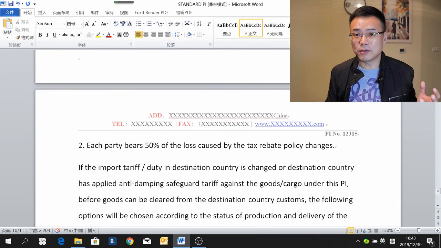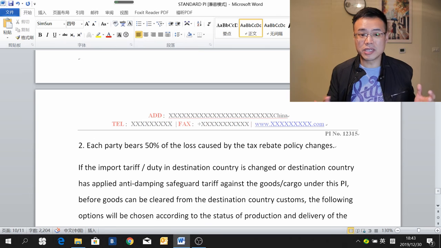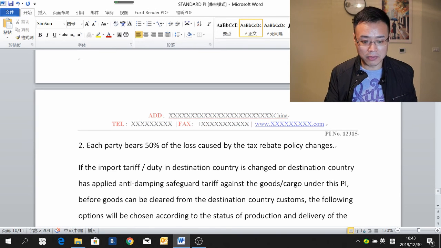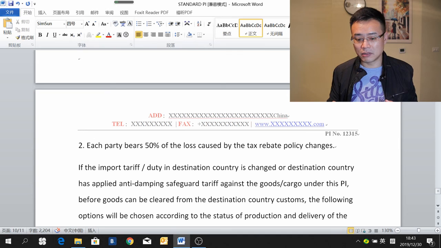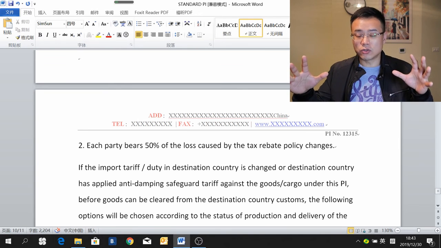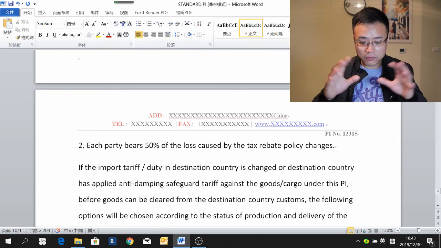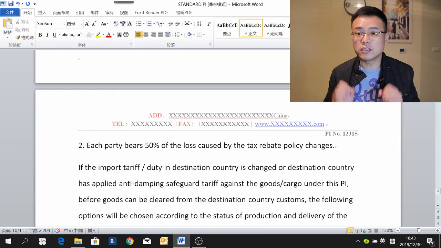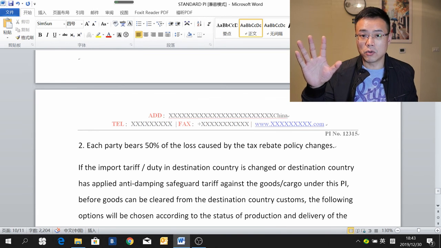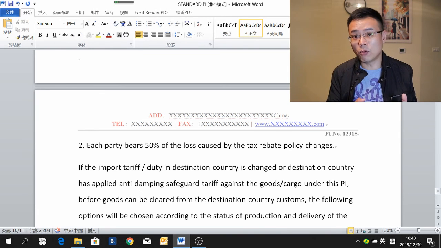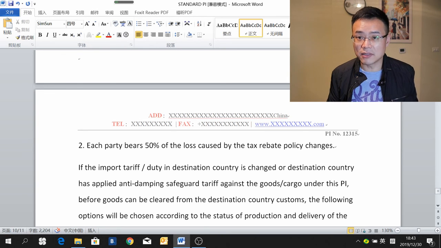And another example, in UAE, recently, starting from Saudi Arabia, they're applying anti-dumping for Chinese steel material. Now they're widening that range into a lot of different countries, a lot of different products. They're putting anti-dumping duty of 5% or some particular number, for example, $169 per ton.